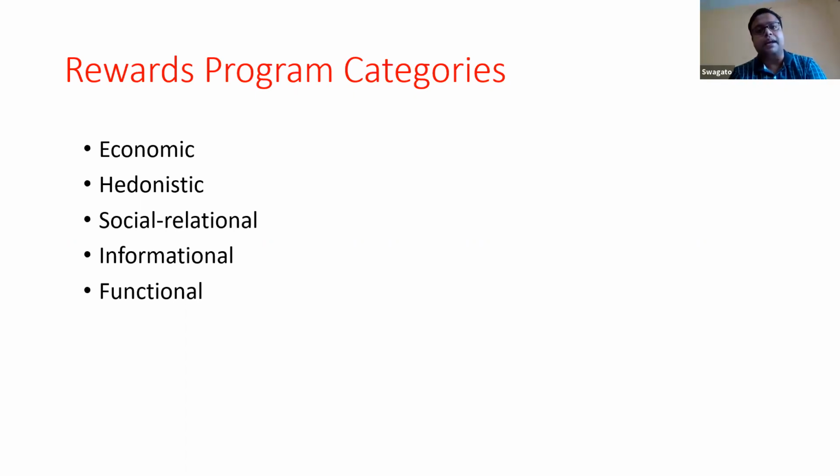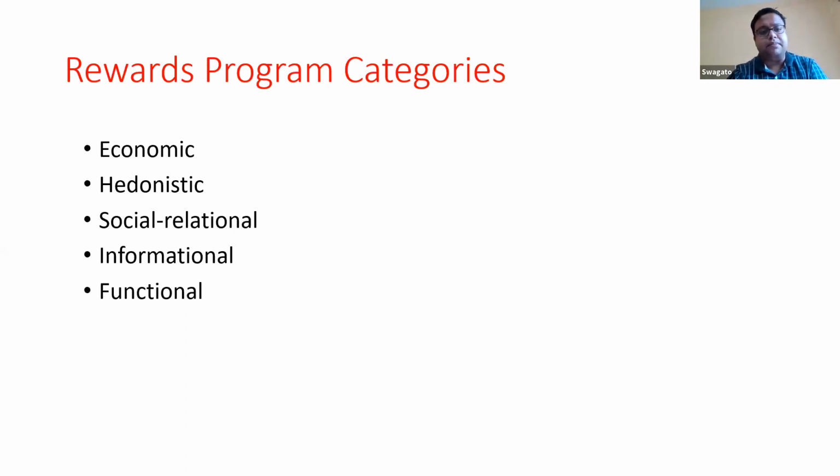For example, information of new arrivals, or certain offerings which are not functional but basically luxury making, probably a free seating facility while shopping, a personal shopper who will help you, or a personal designer who will help you decide which apparel to buy and which will look good. These are all hedonistic features that retailers generally give you.